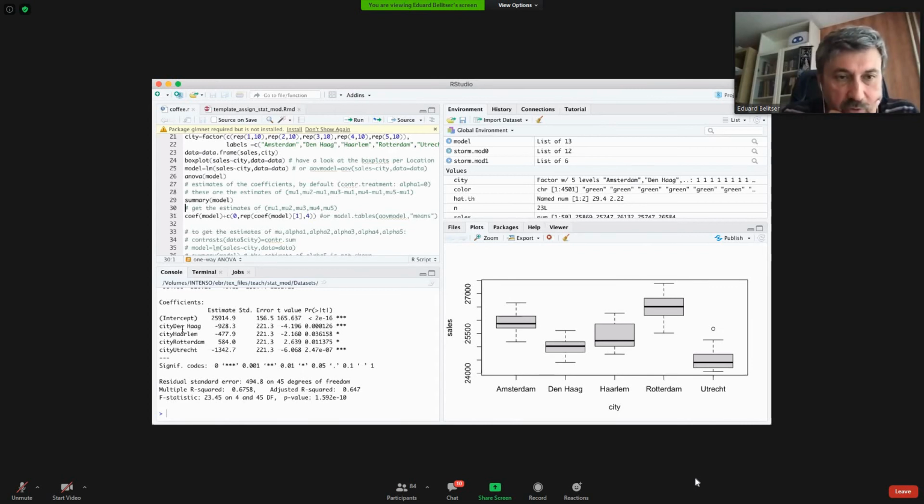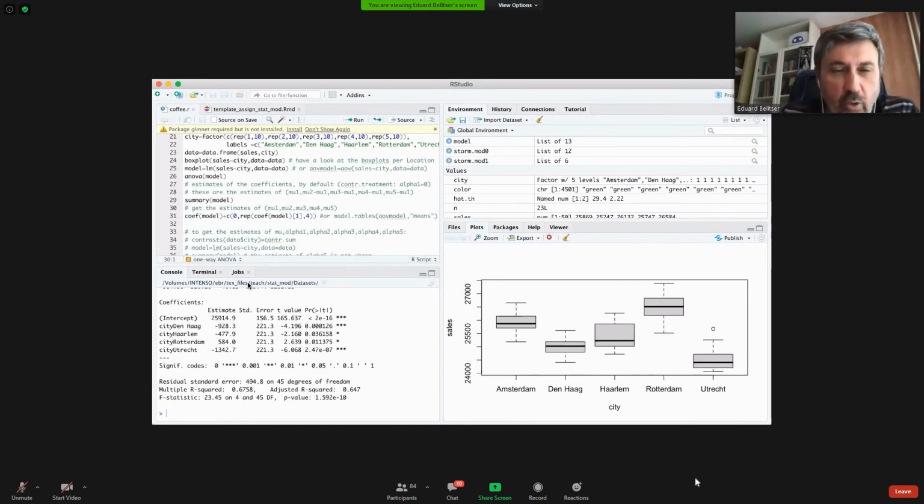You see there are only 4 of the cities, because what R does, it does it in a different parameterization, one I didn't even discuss. That is called treatment parameterization, and treatment parameterization gives you differences with the basis, or it chooses the basis city, which is in this case Amsterdam, and makes differences.